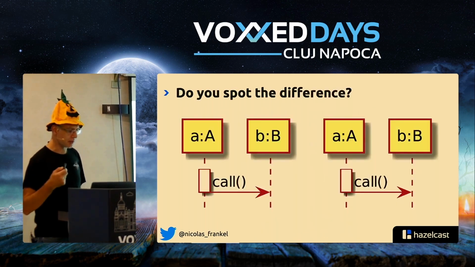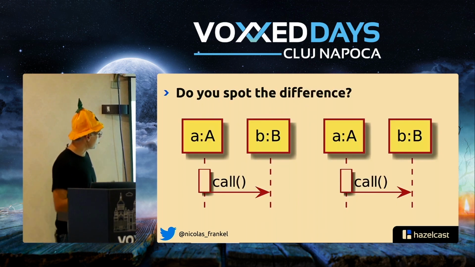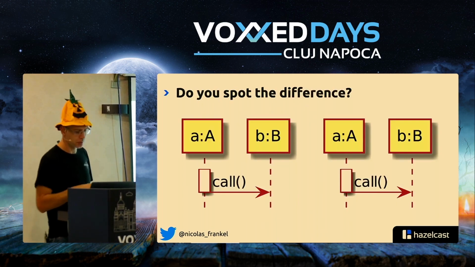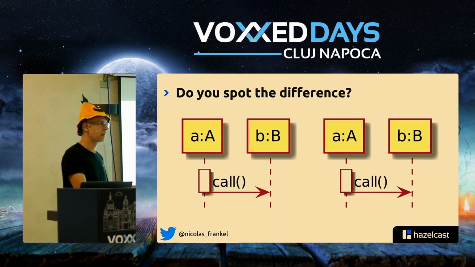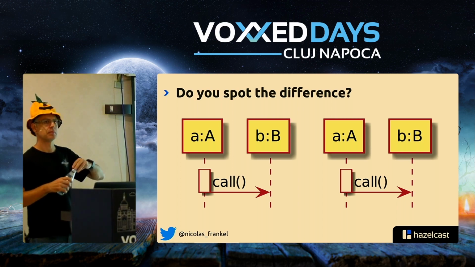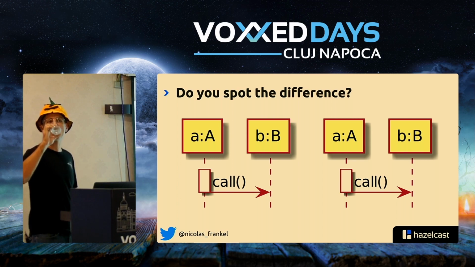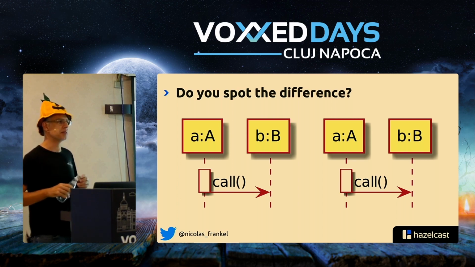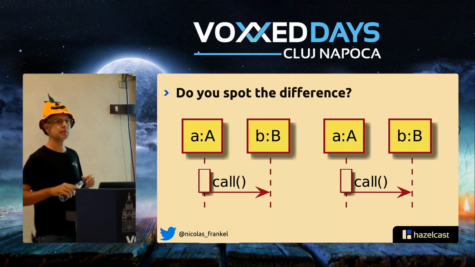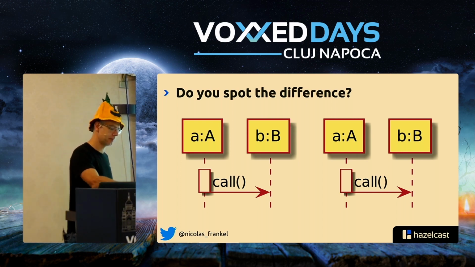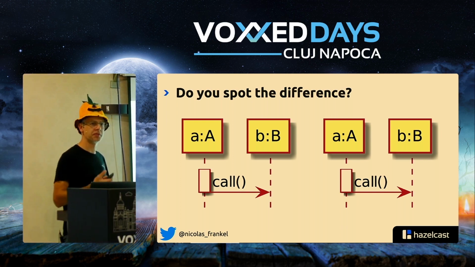And I've been an architect. Can you spot the differences between those two? Are there any architects in the room? No architects, or you are too shy. Probably you are too shy because you feel there is a trap.